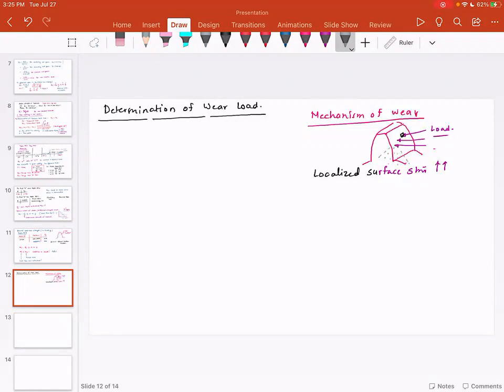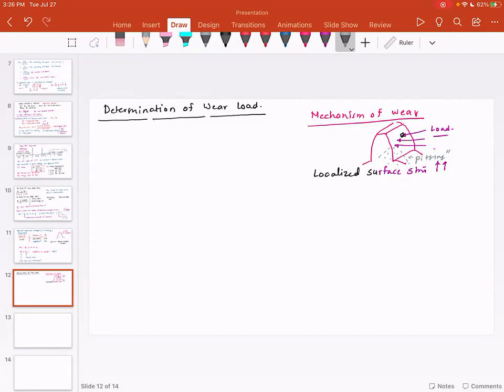And these particles eventually lead to wear of the gear. This is called pitting. If you look at a gear, many times you would notice small pits on the gear. These are indentations that occur on the gear surface because of the high loads.